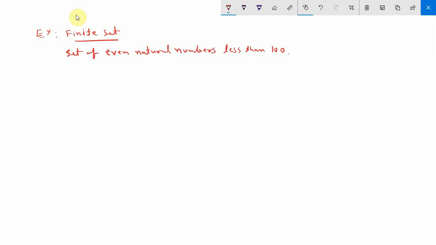So even natural numbers less than 100 can be listed. Okay, friends. Next is set of even prime natural numbers. So even prime natural number is only two. That can be listed, and it is equal to 2 only. So since it can be listed, it is a finite set.